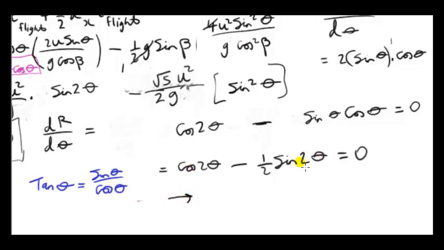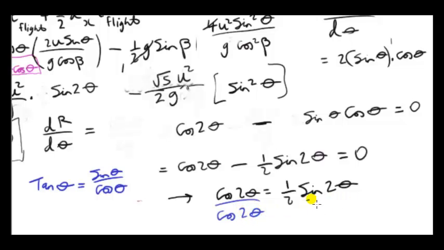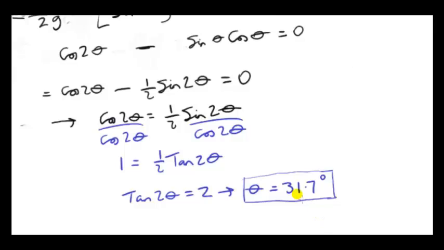So what we can do here is rearrange it first, and the next thing we do is just divide both sides by cos 2 theta. Okay, so tan 2 theta is sine 2 theta over cos 2 theta. So if we solve, we get that theta is 31.7 degrees.